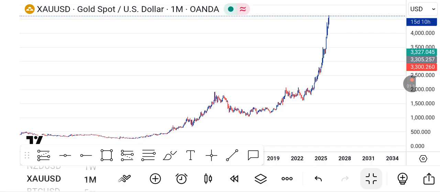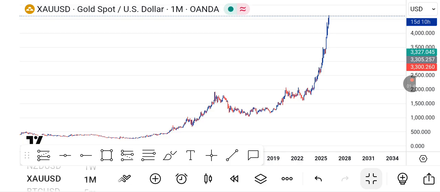Having a clearer, overall view of what is happening before I can make decisions. Before I can make decisions, I can still mark my support and resistance at the 1 month time frame.